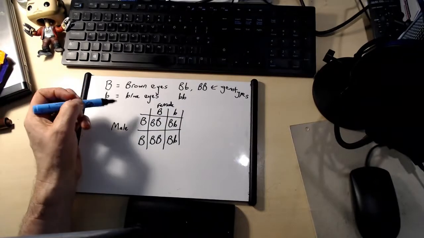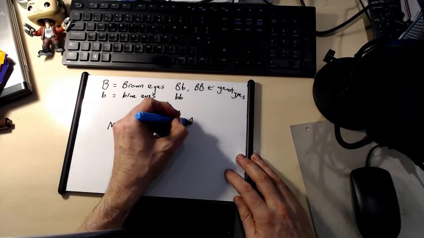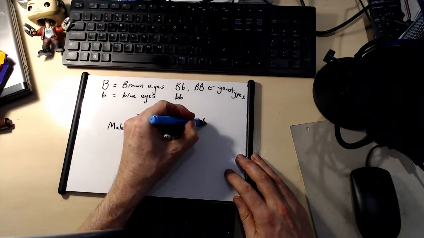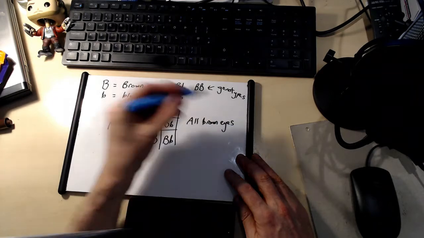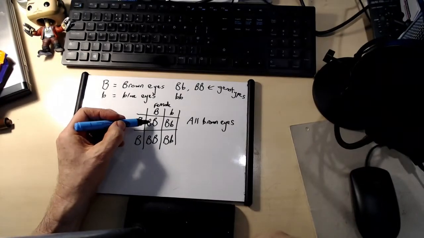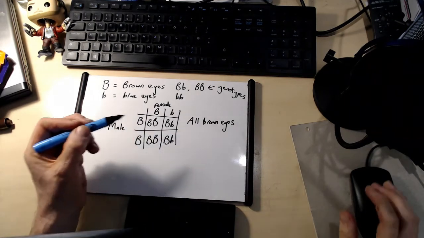So in this case you can see that basically all of them will have brown eyes. Okay, and you can see actually that half of them will be homozygous and others will be heterozygous.